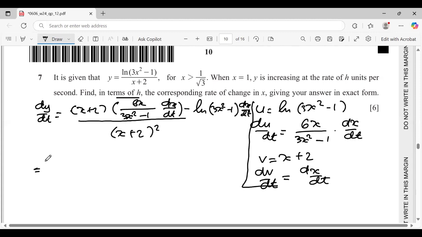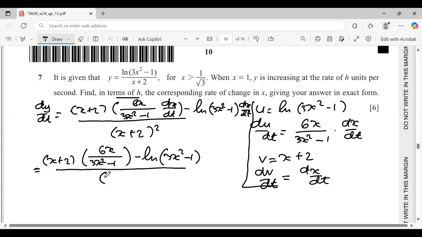After that, factorize (x plus 2) times 6x over 3x squared minus 1 minus ln(3x squared minus 1) over (x plus 2) squared. So factorize dx/dt.